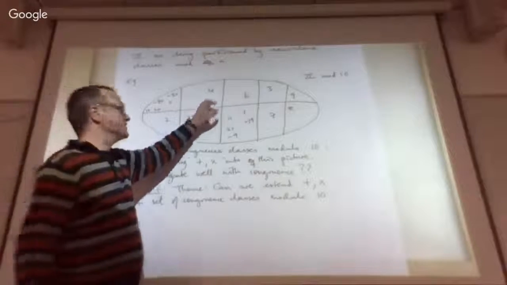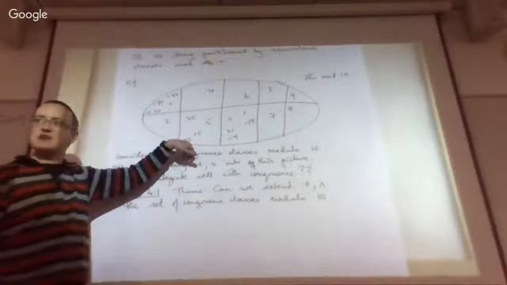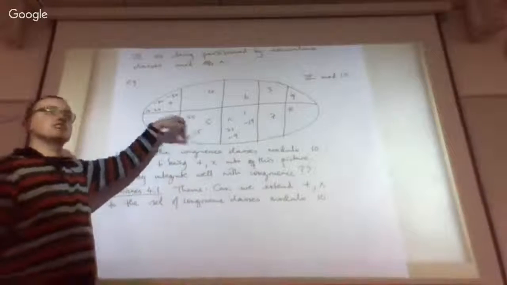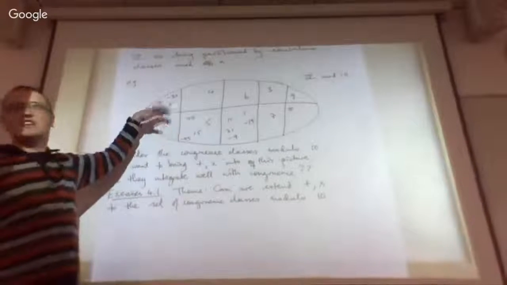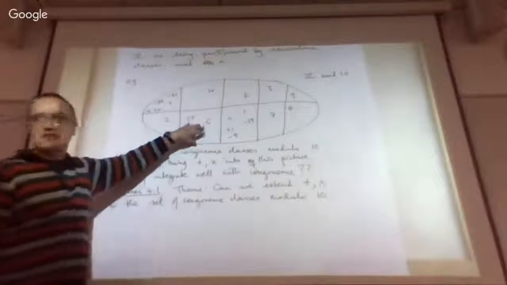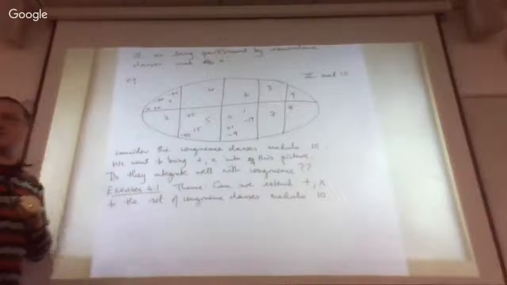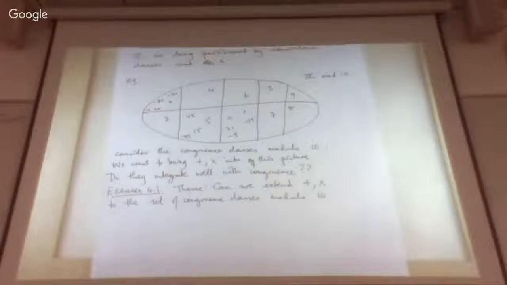If you chose one representative, you go into one subset. If you chose a different representative from the same congruence class and you could end up in a different subset, then the answer would depend on the representative. So it wouldn't be a well-defined function on the set of congruence classes. But question 6, if we can prove it, assures us that it is.